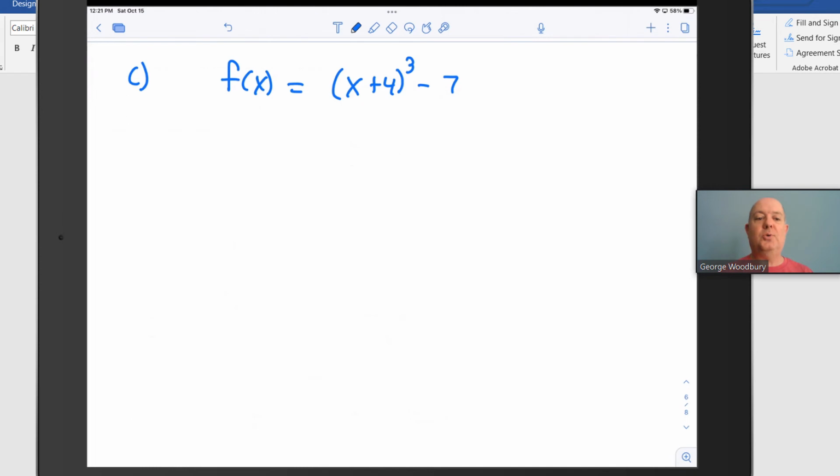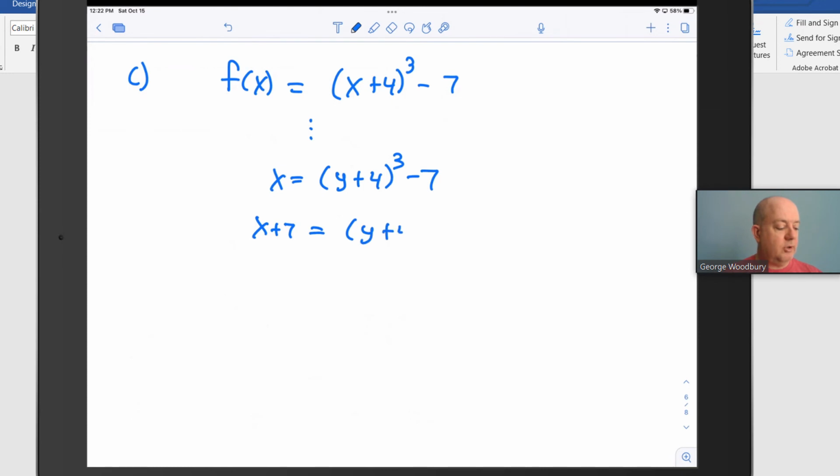So I'm going to show you what I was talking about, doing both of those first steps at the same time. So instead of starting with y equals x plus 4 cubed minus 7, I'm going to jump right to x equals y plus 4 cubed minus 7. Add the 7 to both sides to get x plus 7 equals y plus 4 cubed.